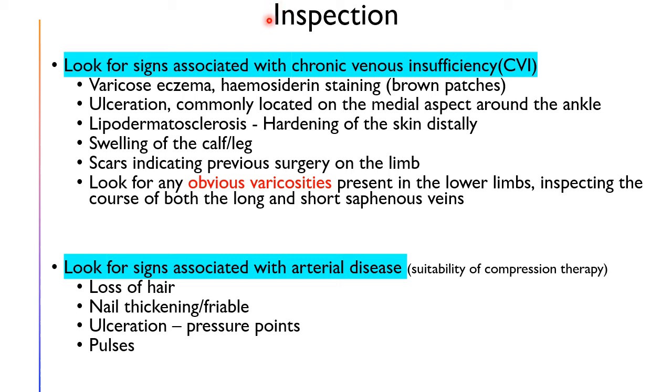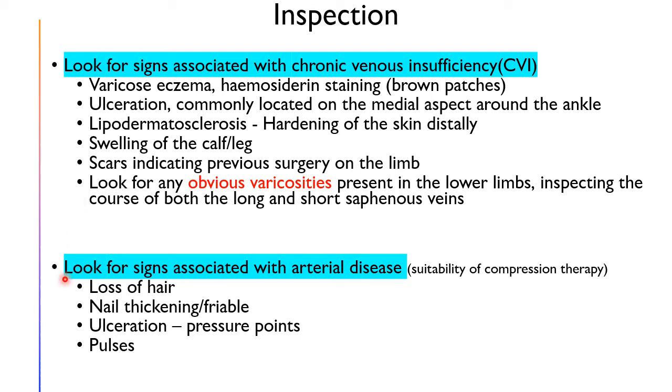For varicose veins, first look for signs associated with chronic venous insufficiency, CVI, and these include varicose eczema, hemosiderin staining, which is seen as brown patches or brownish discoloration, ulceration commonly located on the medial aspect just above the ankle, lipodermatosclerosis, which is hardening of the skin distally and also discoloration, swelling of the calf and the leg, presence of scars indicating previous surgery on the limb, and looking for obvious varicosities present in the lower limbs, inspecting both the long and short saphenous veins.